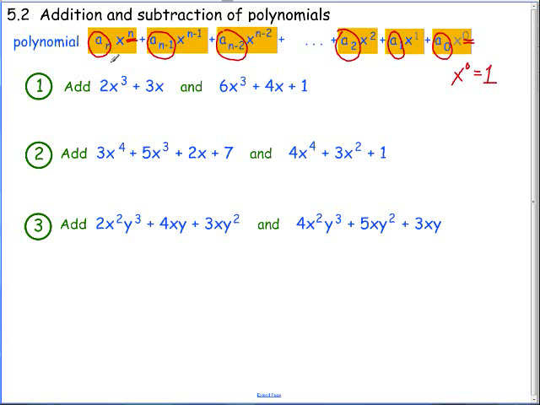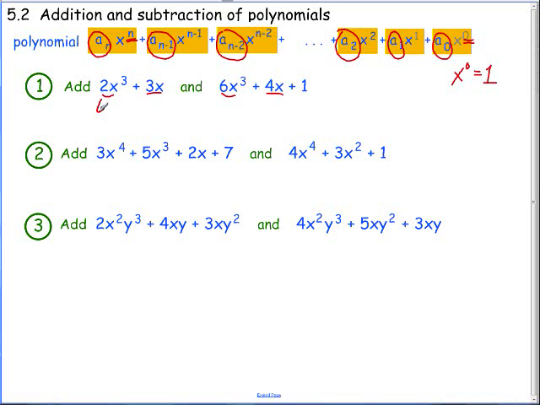Its coefficient, a to the n, is 2. This also has power of 3. Oh, yes. So these match. And this matches. So we can combine with addition.